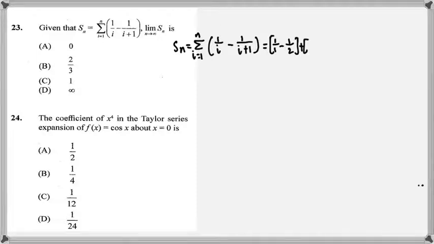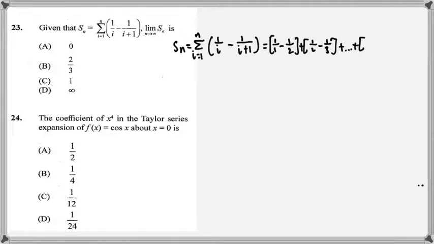Plus, when i is equal to 2, you would have 1 on 2 minus 1 on 3, right? So you see what we do in there: when i is equal to 1 here, that's how you get the 2, because 1 plus 1 is 2. So just make sure you understand that. So this is what we have here, plus dot dot dot.